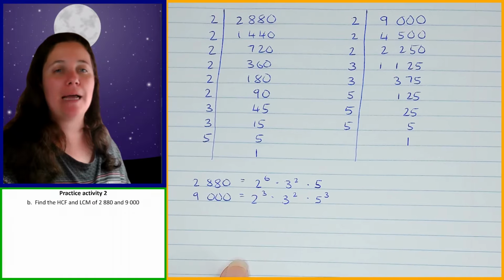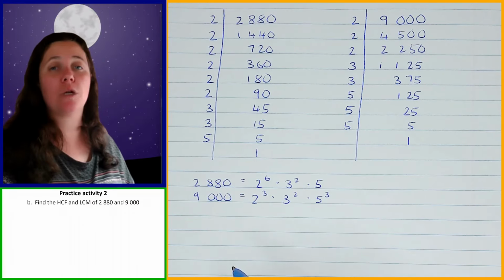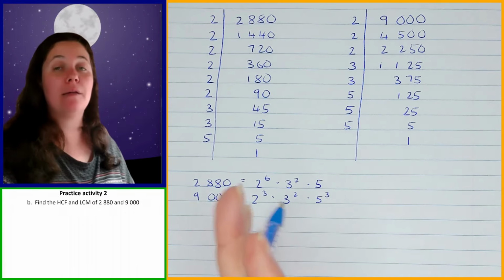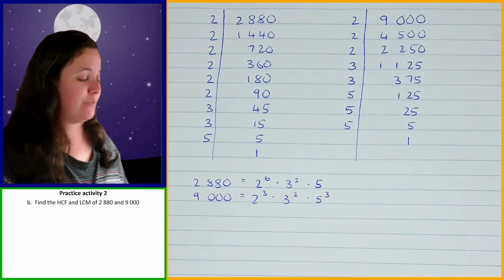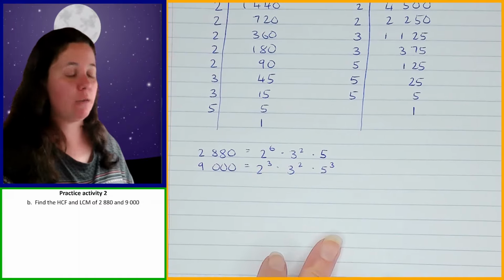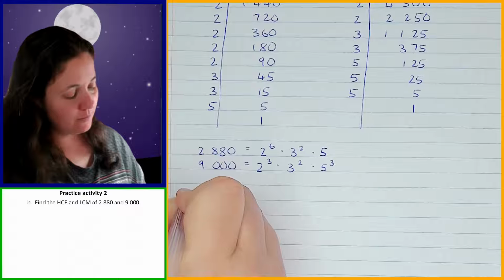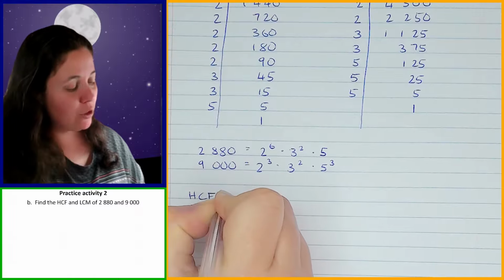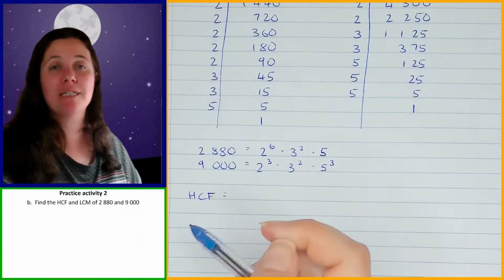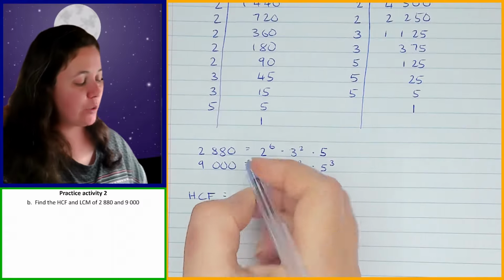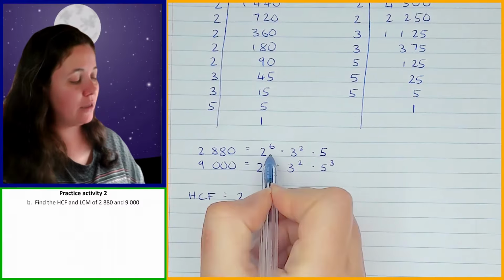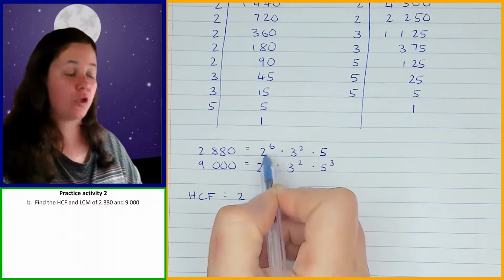Now we're going to go and find out what the highest common factor and the lowest common multiple are. Okay, so first, the highest common factor. Remember, to work out the highest common factor, you're going to take the lowest exponent of all the common factors. So we're going to have 2, and the lowest exponent for 2 is 3.